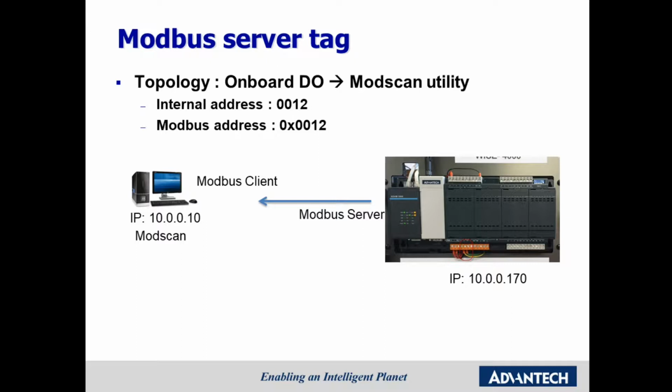For example, if the internal address is 0012, would be Modbus address 0x0012, which needs to be set in Modbus client ModScan here.